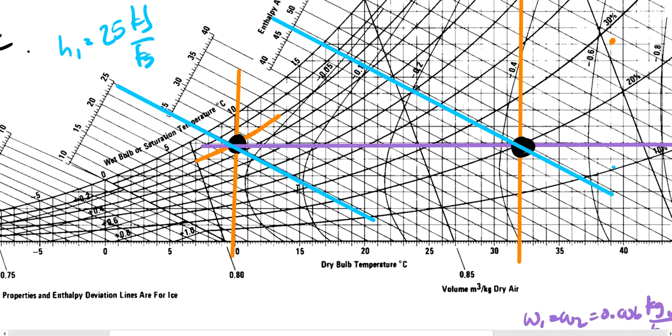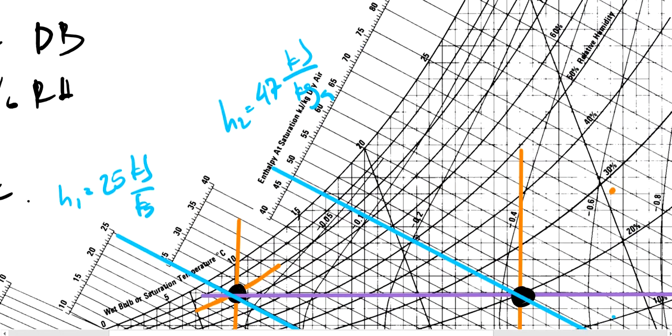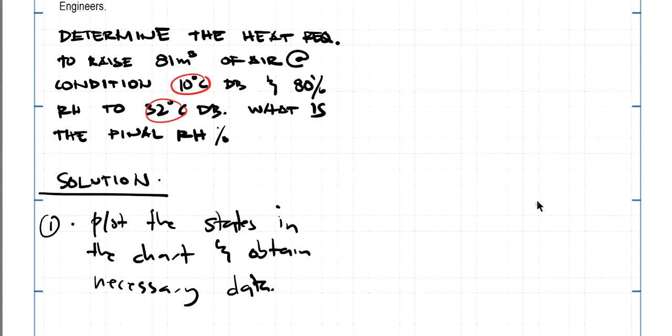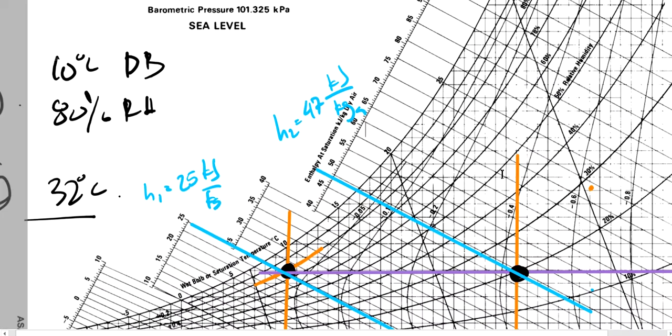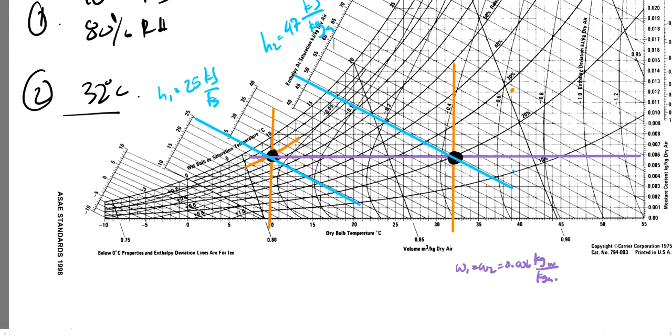Okay, what else? It says here raise 81 cubic meter of air. So that's the initial, so we need the volumetric or the specific volume of air at point 1. And for the specific volume, here it is.